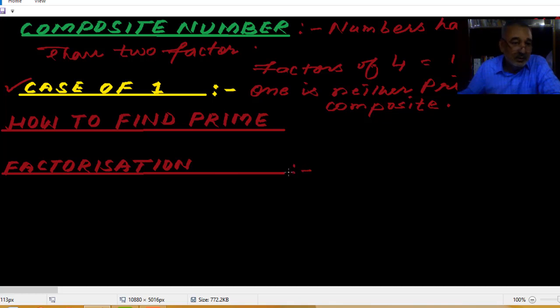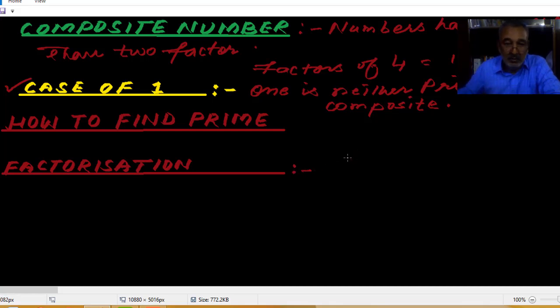If someone asks, find prime factors or find prime factorization of a number, to find out prime factors is a somewhat different technique, and to find out prime factorization is something different.